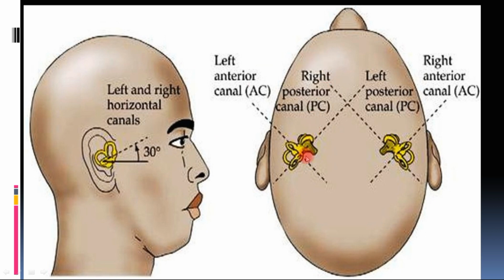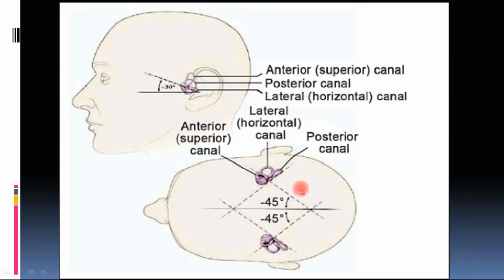When we see the anterior and posterior semicircular canals, the anterior semicircular canal is present here. The orientation of the anterior semicircular canal is this way, and the posterior semicircular canal is this way. This is the left anterior and this is the left posterior. This is the right posterior and this is the right anterior semicircular canal. One thing to notice is that all of them are at 90 degrees to each other.